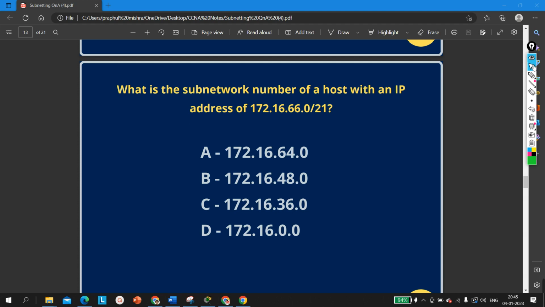So what will be the network ID of this IP address? The answer is A. Venkat, Hassan, yes, A. Kunal, are you there?